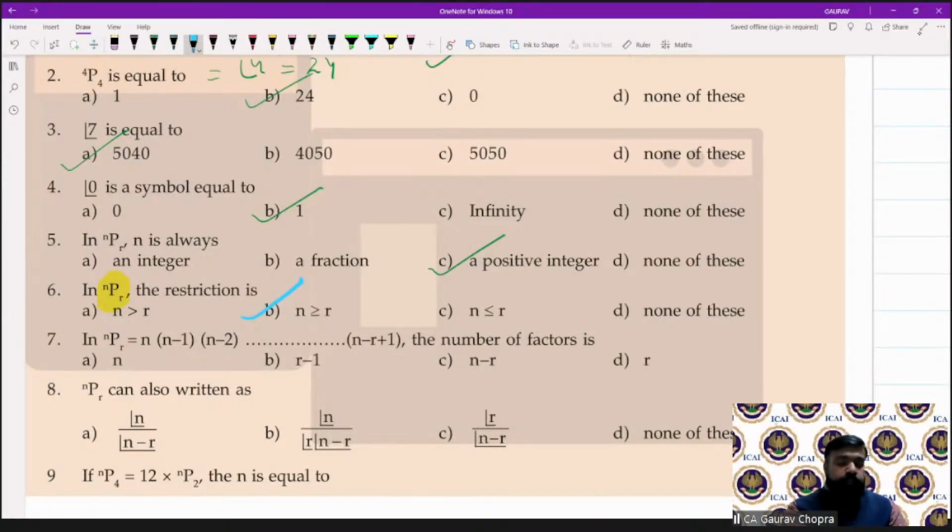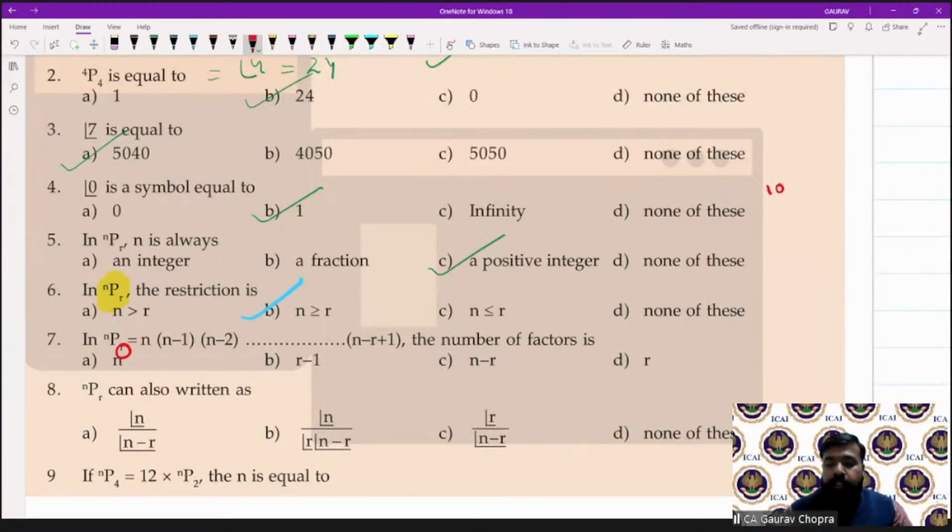Then the seventh one, nPr, n, n-1, n-2 and so on up to n minus r plus 1. Then in total, how many factors are there? So simply, there are r factors because we are writing r. nPr means r factors we are writing.